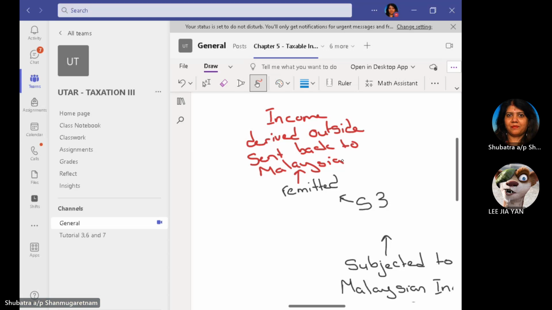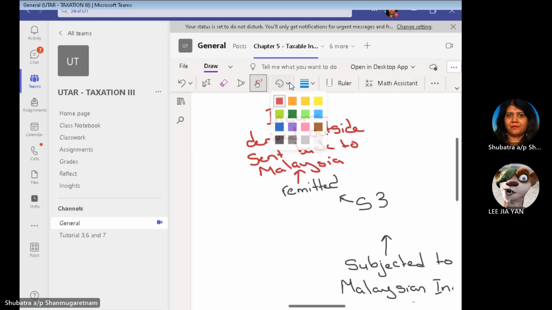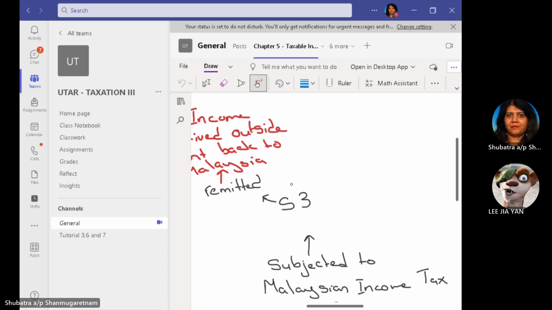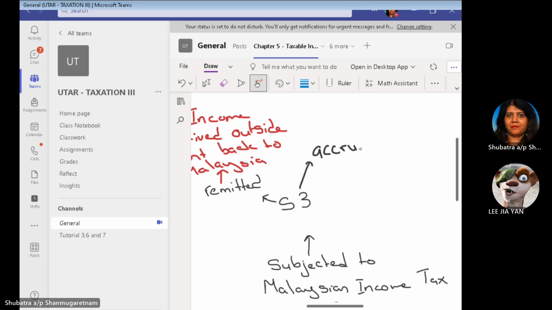Now, the second one on Section 3 is accrued.